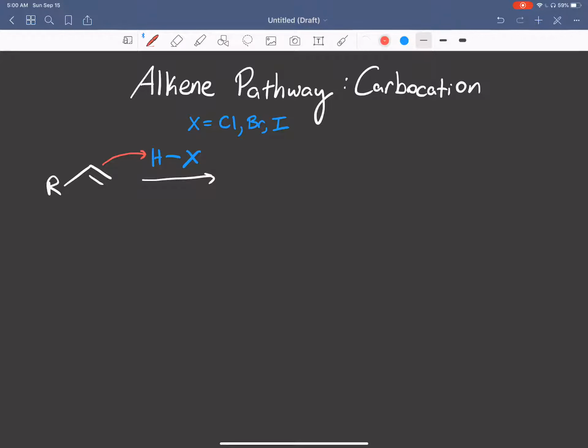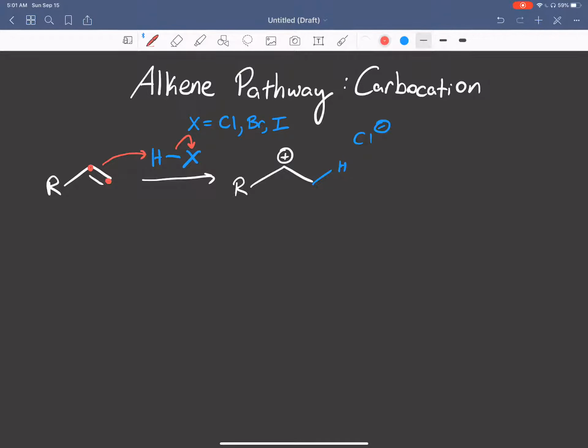The bond here breaks, and we form a carbocation. Remember, the more stable carbocation is what forms. So between this carbon or this carbon, the more stable one is this secondary carbocation. Our hydrogen added over here, and we still have our halide right over there.